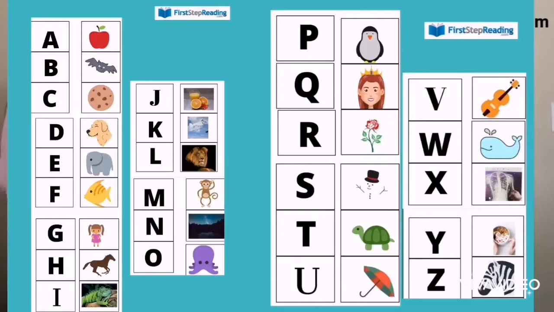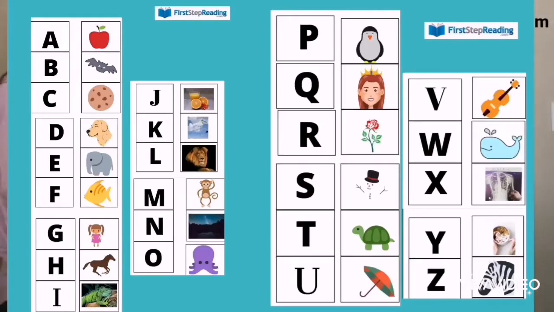The L says l. Like juice, kite, and lion. The M says m. The N says n. The O says o, like monkey, knight, or octopus. The P says p. The Q says qua, quack, quack.